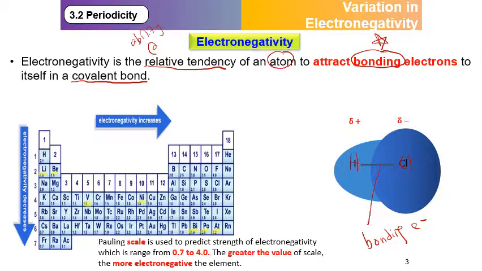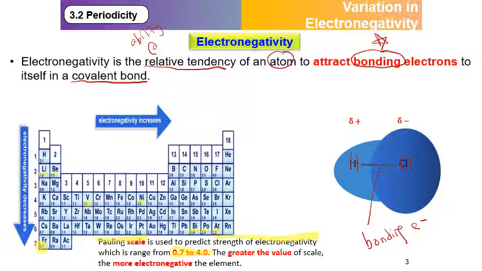These numbers are called the Pauling scale, where we use them to determine the strength of electronegativity. When you go through this, you will notice that the range is only from 0.7 to 4. The lowest, 0.7, is here at the bottom left, and the highest, 4.0, is at the top right here.